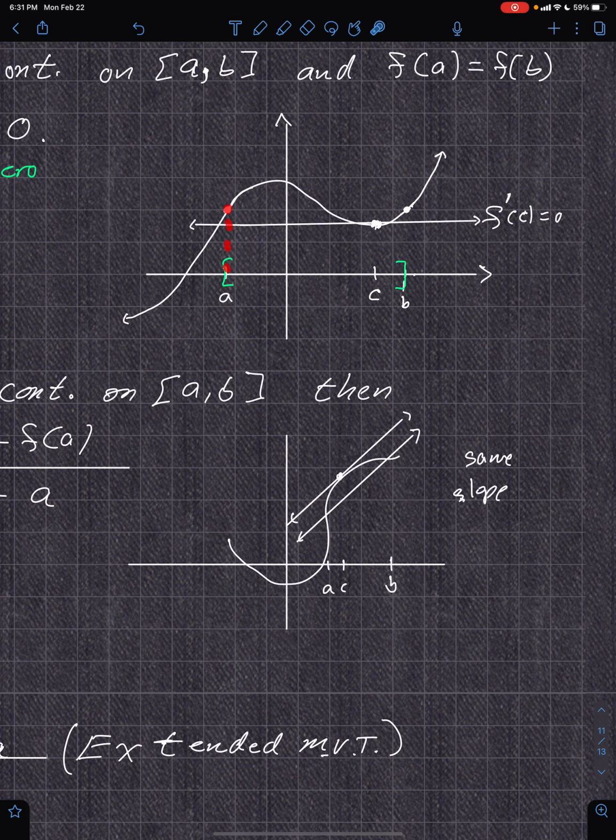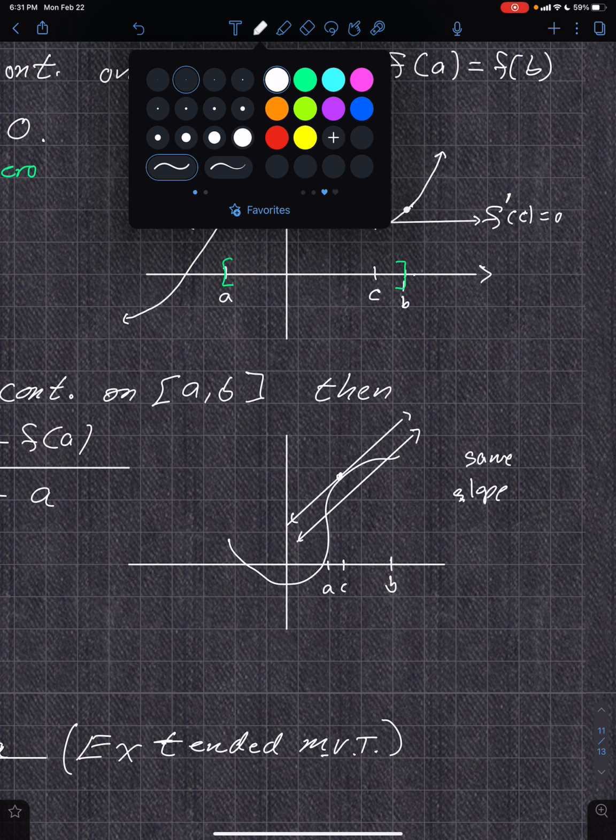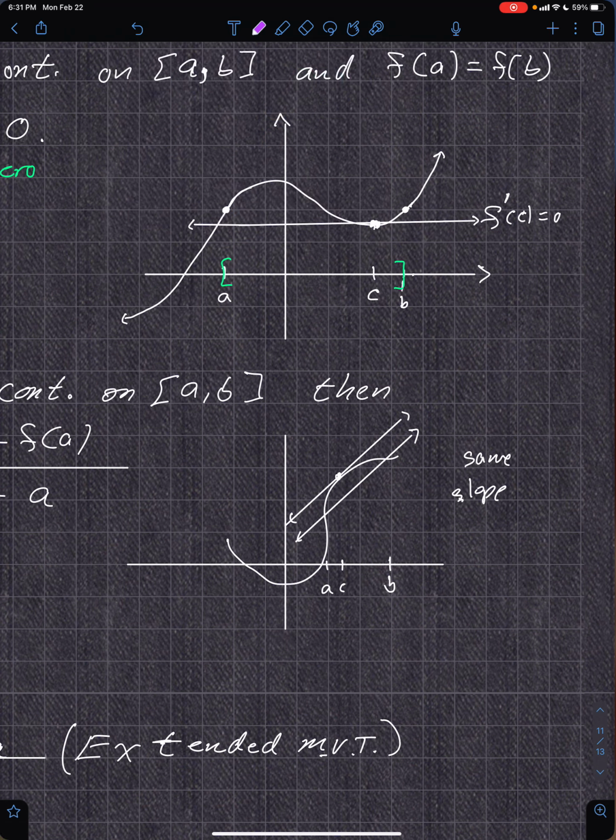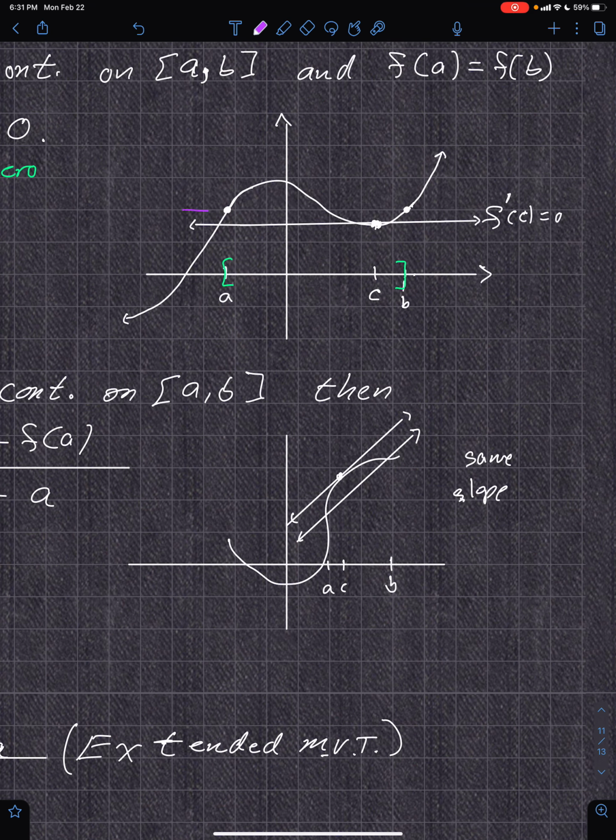You go up to the line like that, and then you basically are getting this line right here that goes through those 2 points. So it's saying that there has to exist a value c here such that essentially the slope of the tangent line right there is 0. So this is f prime is equal to 0. And you can see that it is, of course.